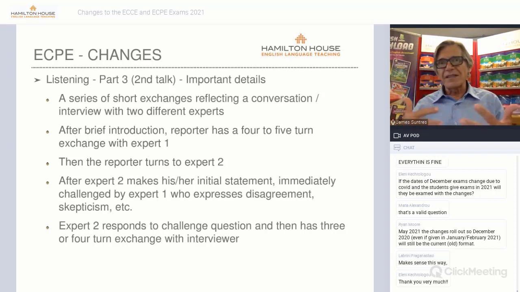Examiner 2 expresses skepticism, and the candidates have to respond to the skepticism. So it's the same sort of function in another part of the exam. Again, this is an example of how one part of the exam relates to the other, and there's a lot of overlap. Expert 2 responds to the challenge question and then has a remaining 3 or 4 turn exchange with the interviewer.